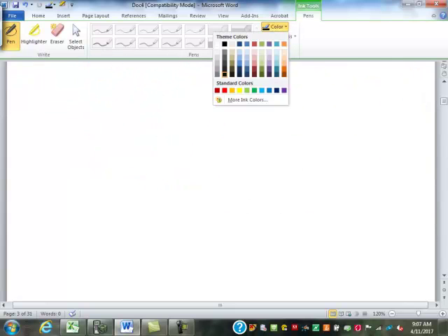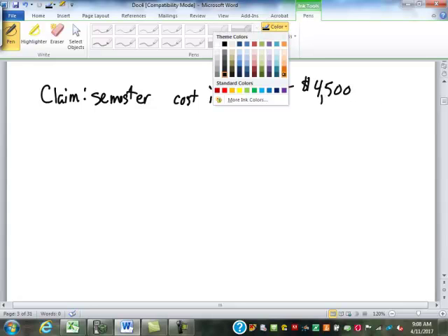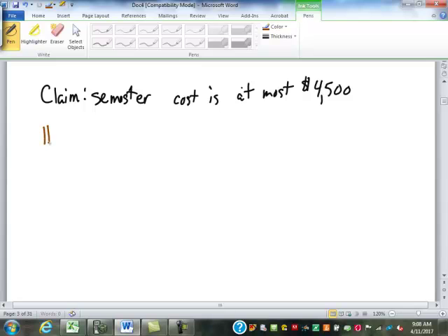Let's say that we claim the semester cost is at most $4,500. So what that means is we are going to set up a null hypothesis. The mean cost is $4,500.